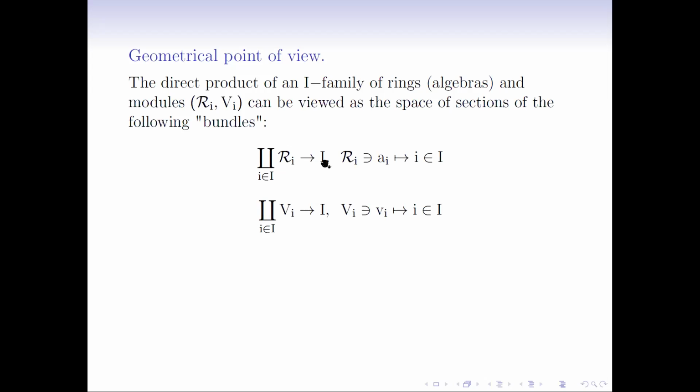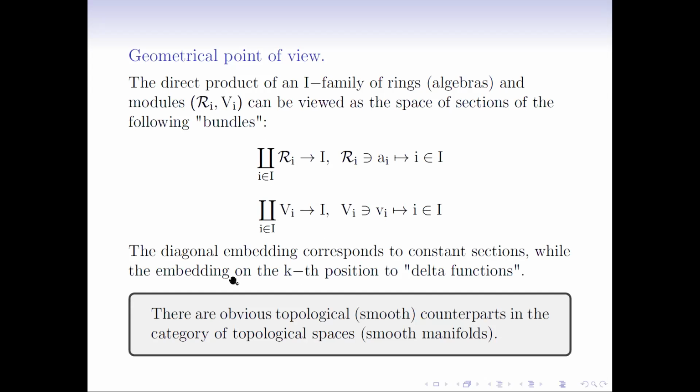And then if for any index i we associate some element in Ri, then we obtain an element in the Cartesian product. And the same for the modules. So in fact, it means that the Cartesian product of the R's acts on the Cartesian product of the V's pointwise, so over each index. The diagonal embedding corresponds to the constant sections if all R's are just copies of the same R. Then the diagonal embedding is just constant sections.